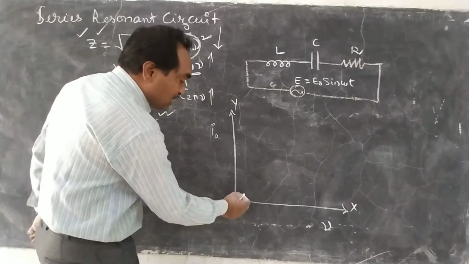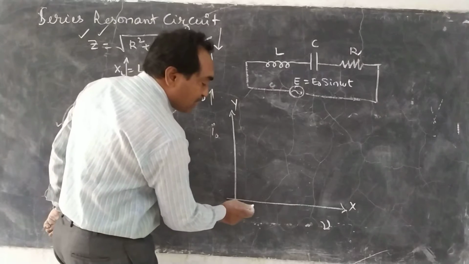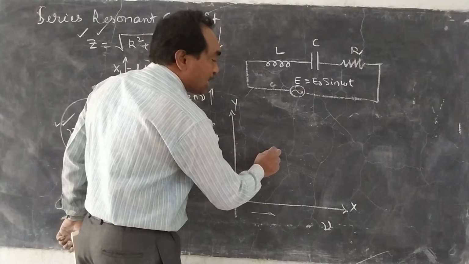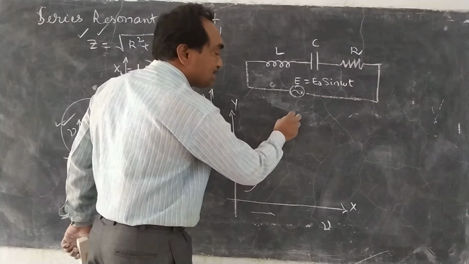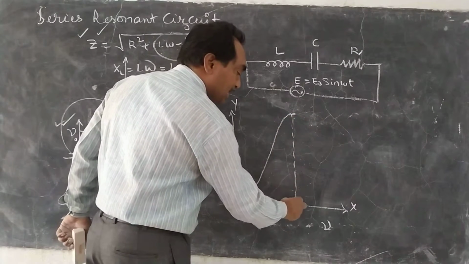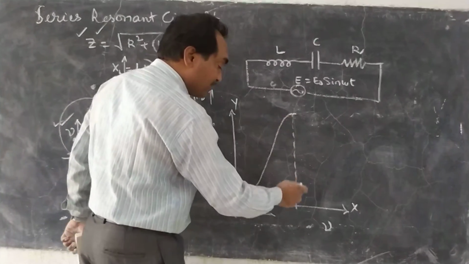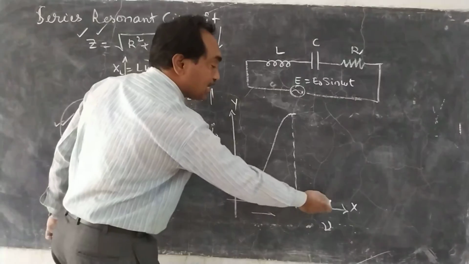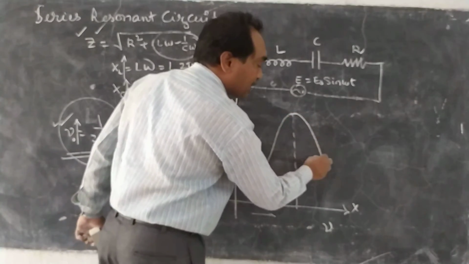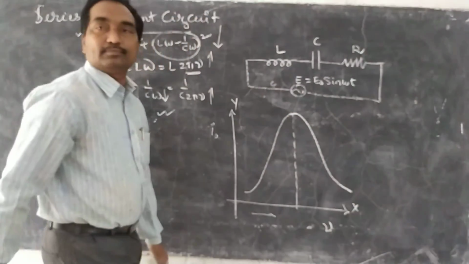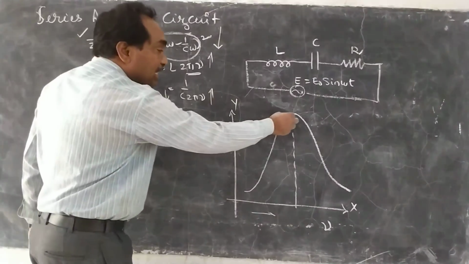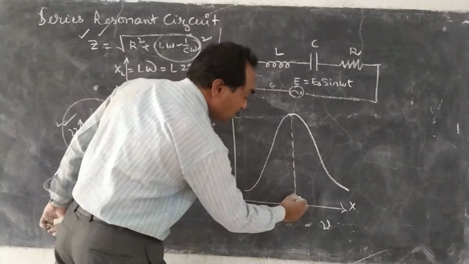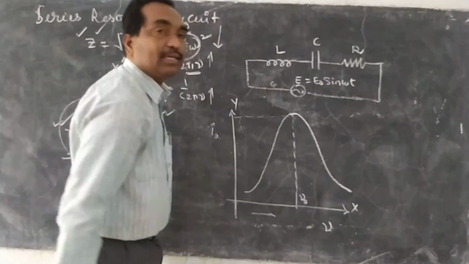So at very low frequencies current is minimum. When frequency increases, the current increases rapidly, and at some frequency the current is maximum. And as frequency increases further, the current decreases rapidly. Where the current is maximum, that frequency is called the resonant frequency.